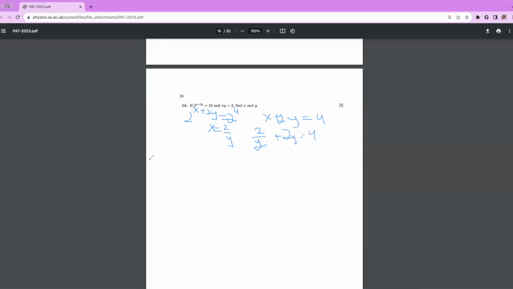If we divide both sides by 2, we'll get that y plus 1 over y is equal to 2. And we want to find x and y. So 1 over y, this is x over 2. We could have gotten this from the original equation, I suppose, but it doesn't matter.